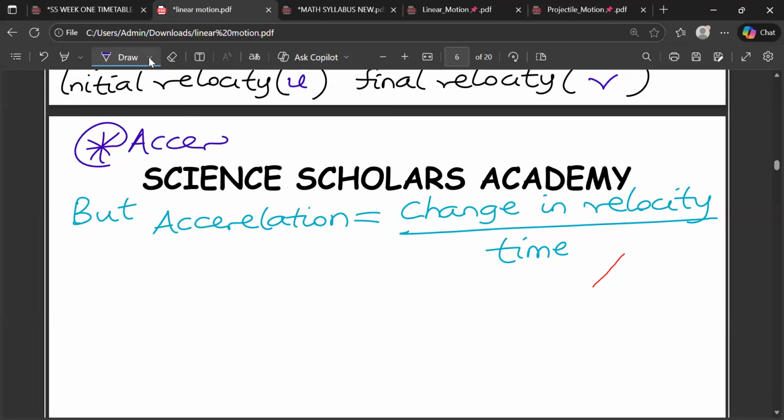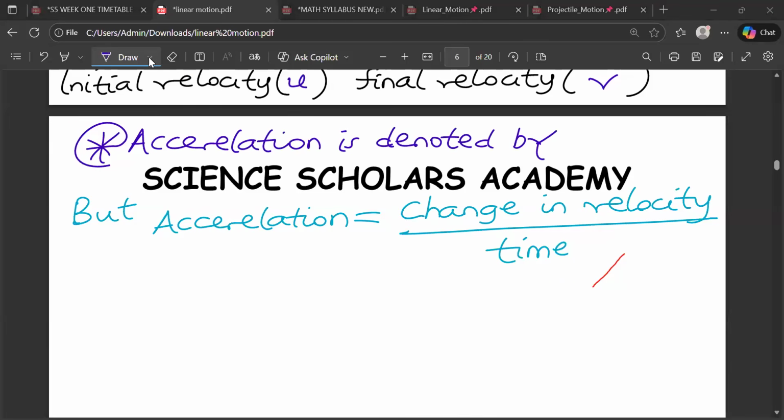So here we shall say that acceleration is denoted by small a. Then we shall see in the next lesson that we have what they call acceleration due to gravity, and for it is small g. You all know that acceleration is the change in velocity over time.